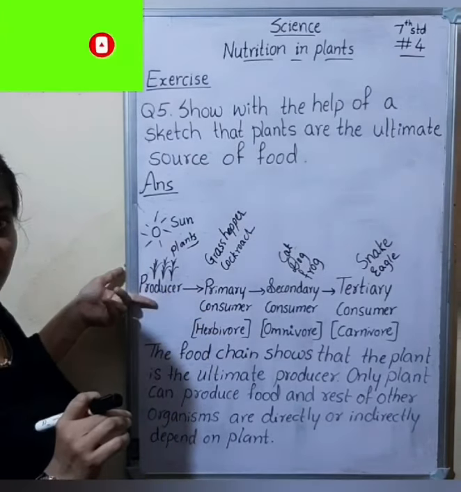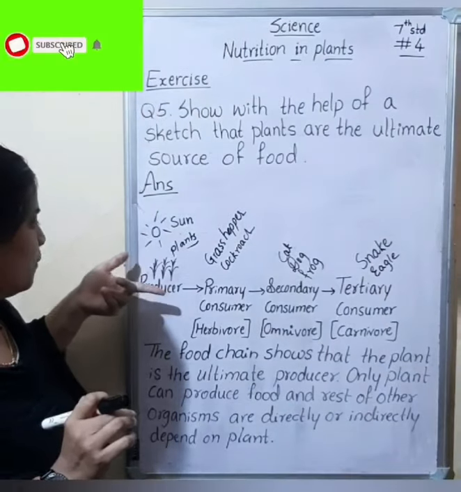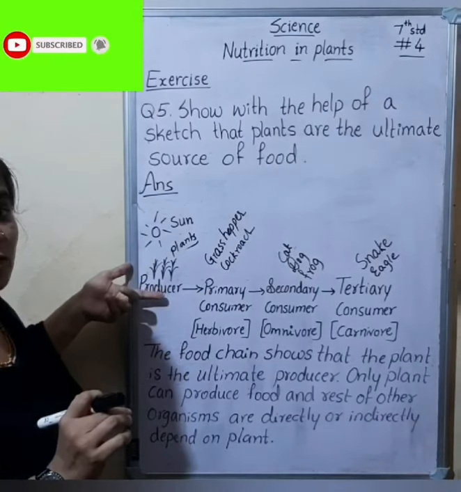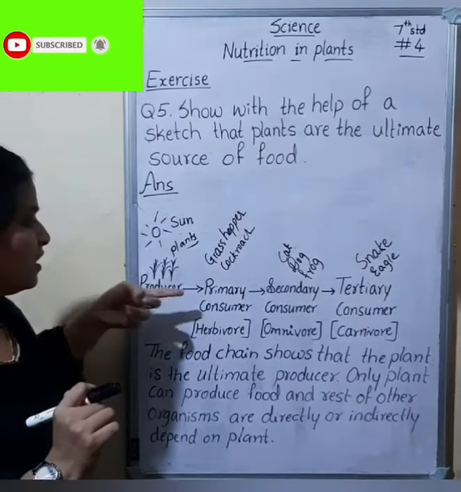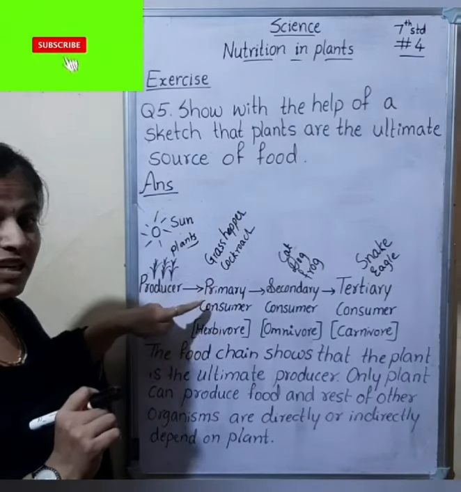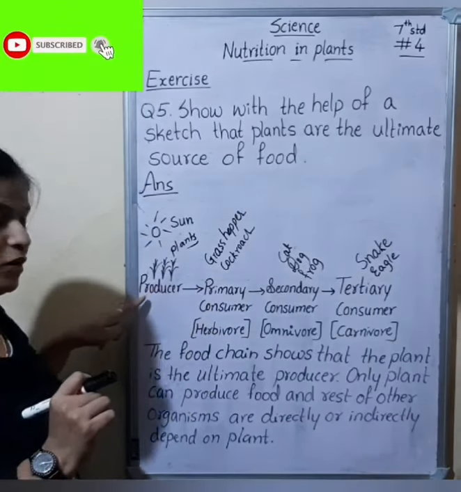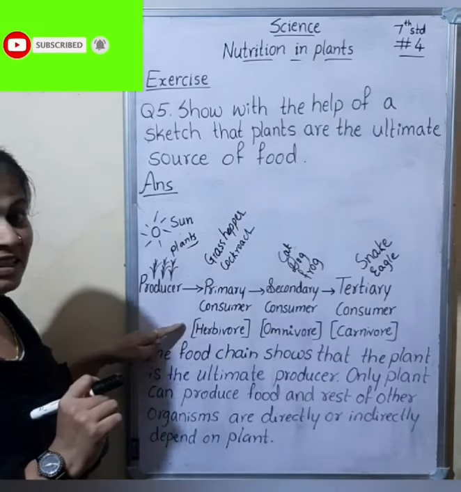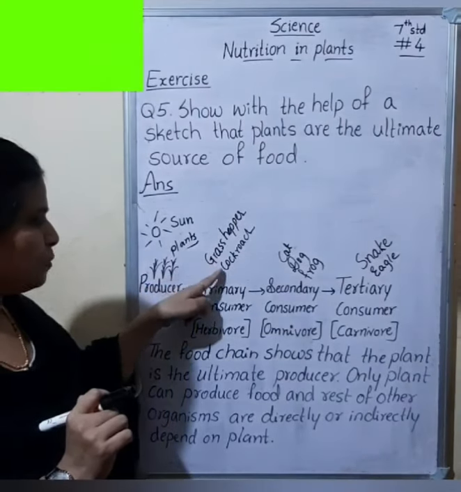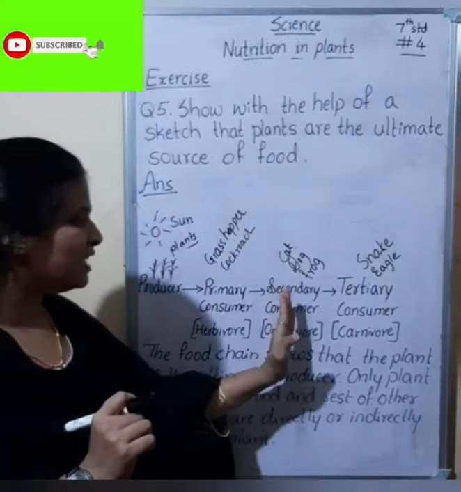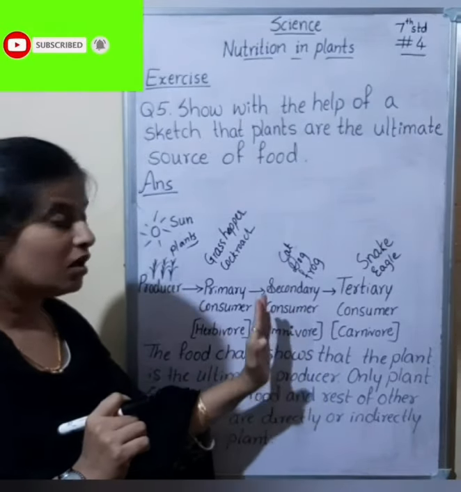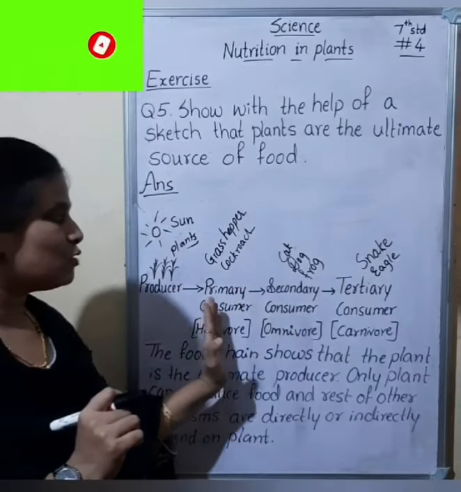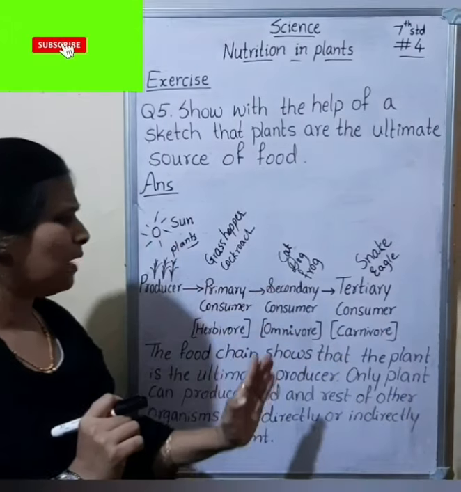So producers prepare the food through the process of photosynthesis. And herbivores, the primary consumers, completely depend on plants. Herbivores are plant eating animals. Examples I have given are grasshopper and cockroach. The secondary consumer, omnivore, depends on plants as well as animals, right?